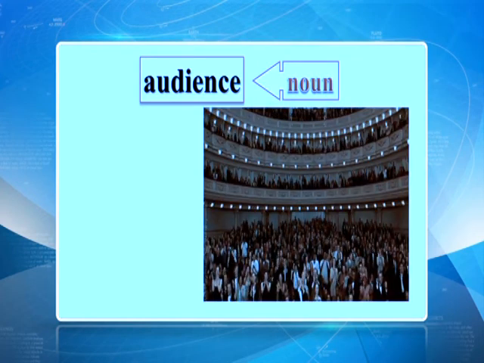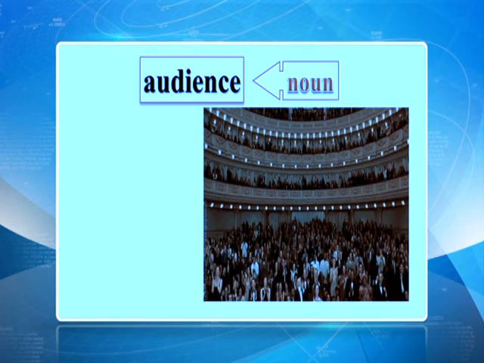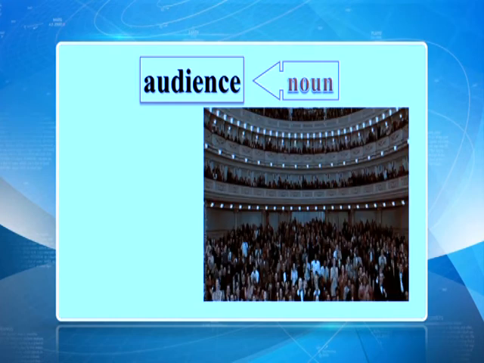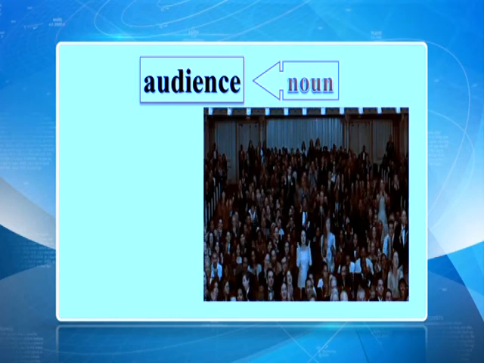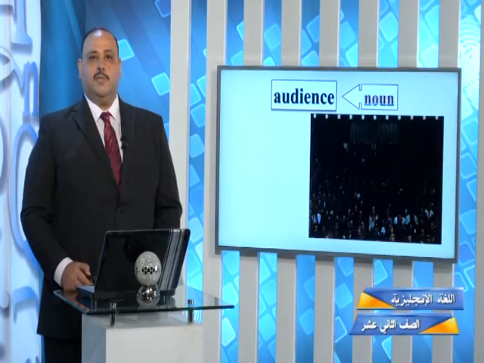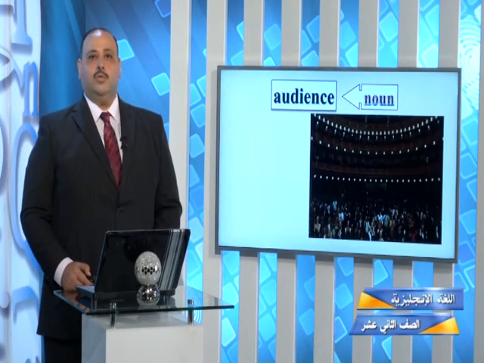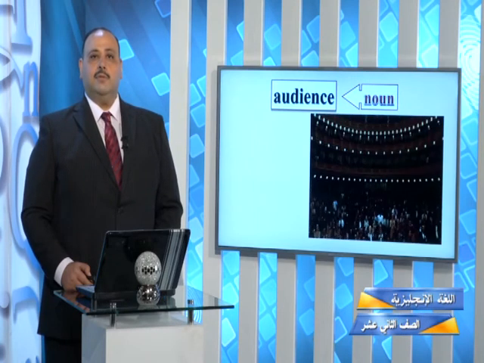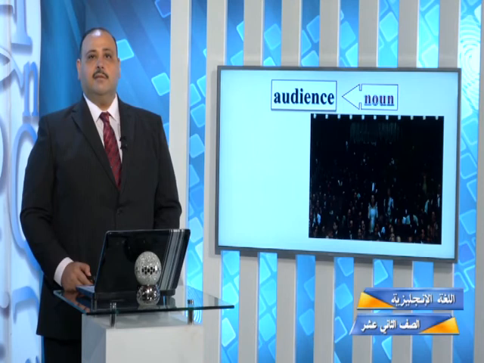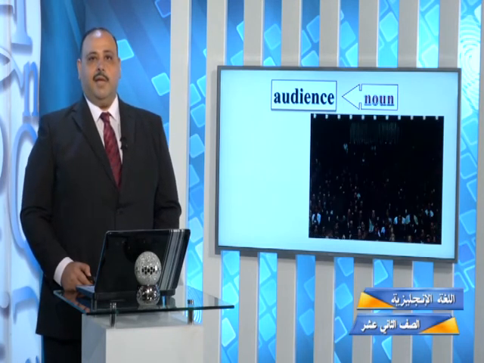Audience. The word audience is a noun. Now, what can you see in the picture? Yes, those people are viewers, good listeners, watchers, and they are watching a performance. They can be found in cinemas, in theaters, or while there is a play.